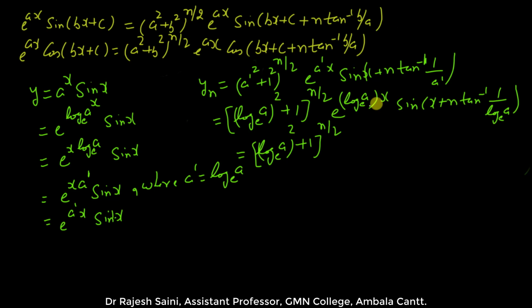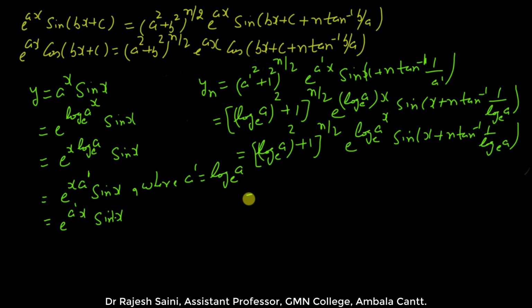and this x will go up over there, e raised to log a, by the property of log. The exponential is the inverse of the logarithmic function, so this will cancel out. Sin x plus n tan inverse 1 by log a to the base e.